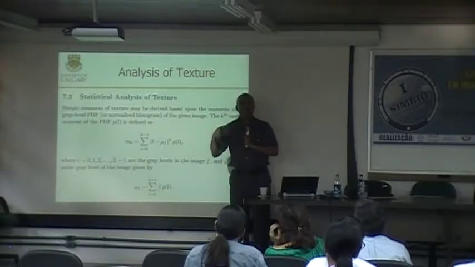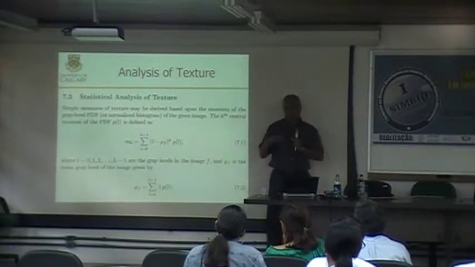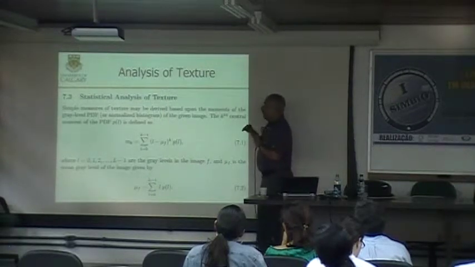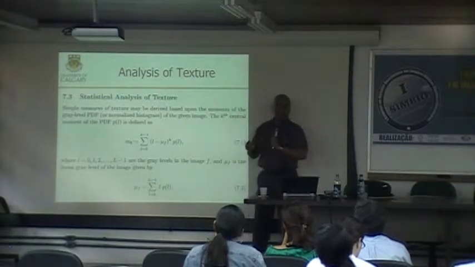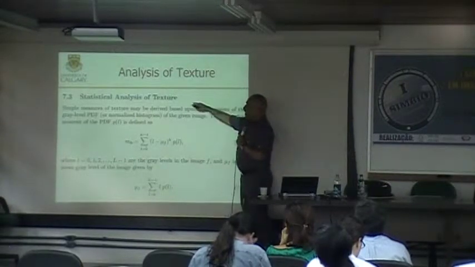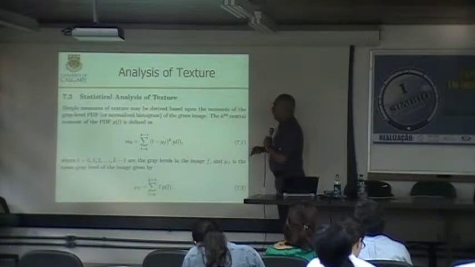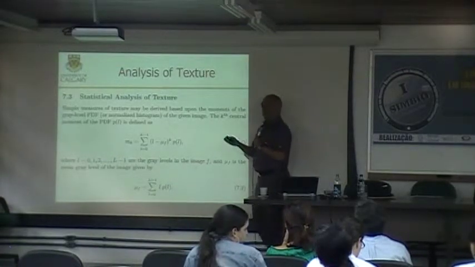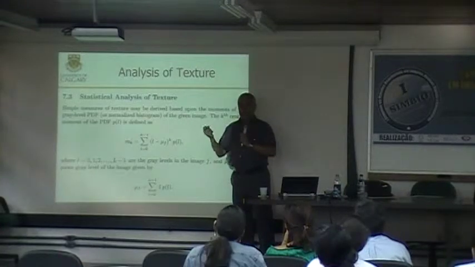So how do you analyze all of these patterns? They are very different, so you need multiple approaches. There are statistical approaches and then there are structural approaches. The statistical analysis of texture is based mainly on the statistics of gray level, the intensity or density or pixel value.